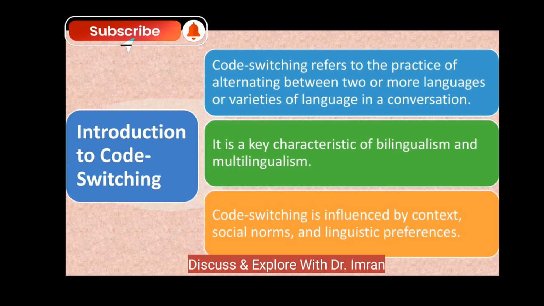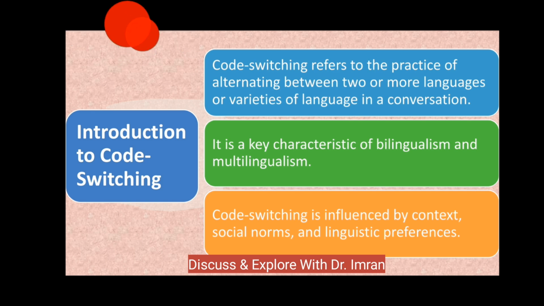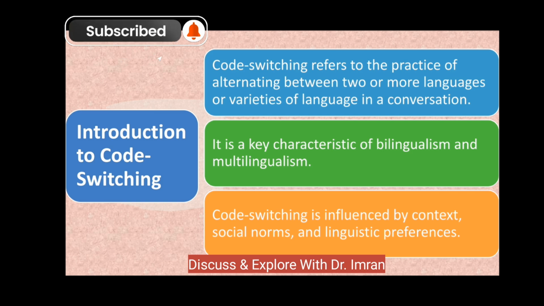You are doing code switching. So code switching is a phenomenon or a concept in sociolinguistics which refers to alternating from one language to another or from one variety of language to another in a conversation.